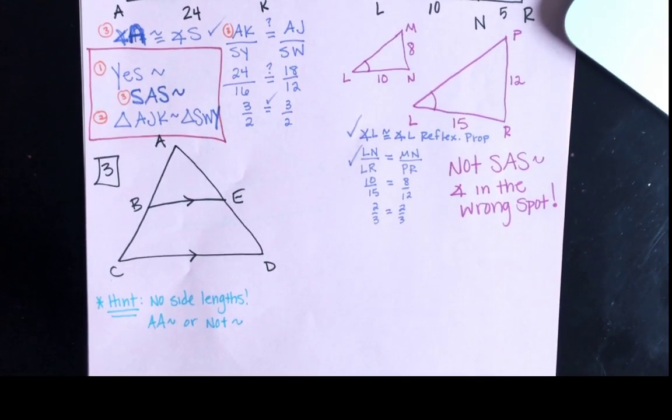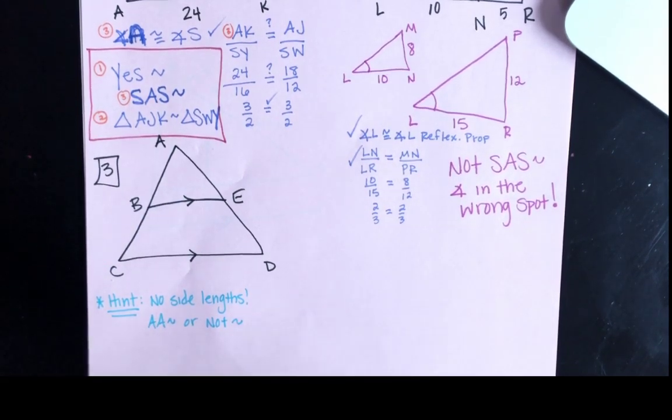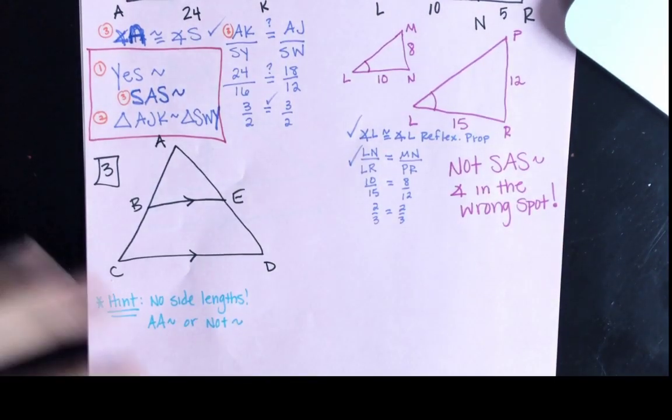So what we need to take a look at is our parallel lines. And this is where what Morgan had said earlier with corresponding angles, I wanted to make sure we saw it.